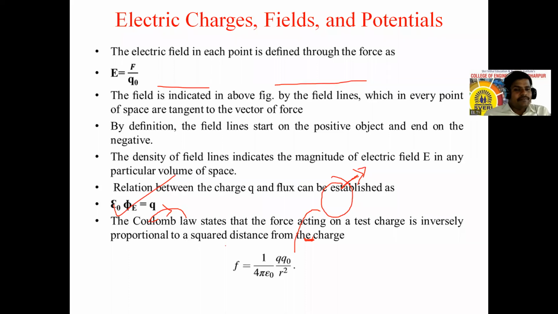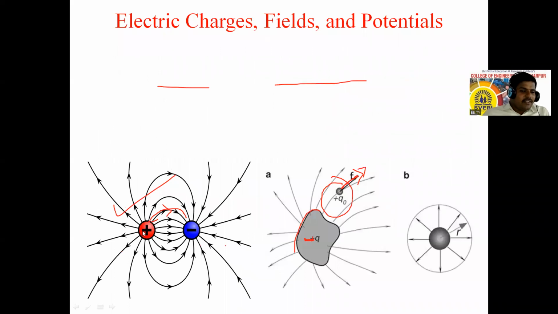By the definition, the field lines start on the positive object and end on the negative object, right? So from this figure, electric field lines start from the positive object and end at the negative object, right? So I think you know the NaCl reaction.